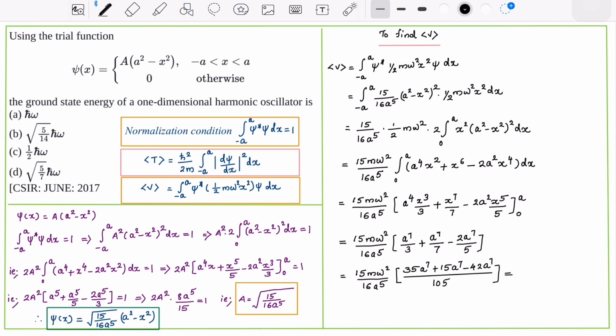This is equal to 15 m omega squared by 16a⁵ times 8a⁷/105. This is equal to m omega squared a² divided by 14. That is, the expectation value of potential energy is m omega squared a² divided by 14.